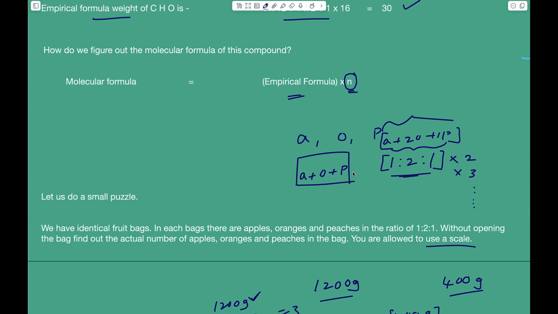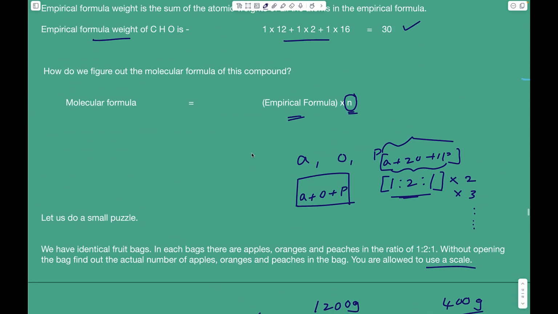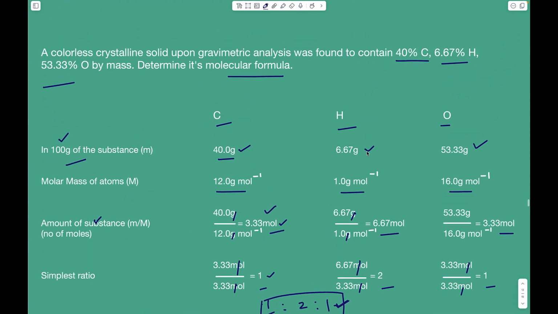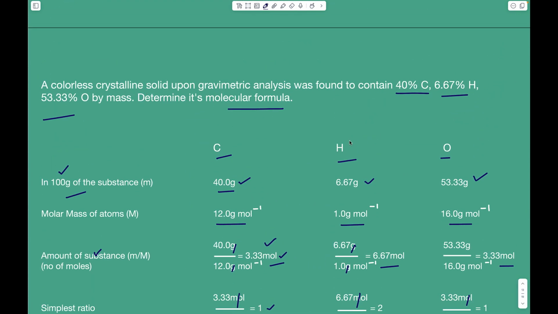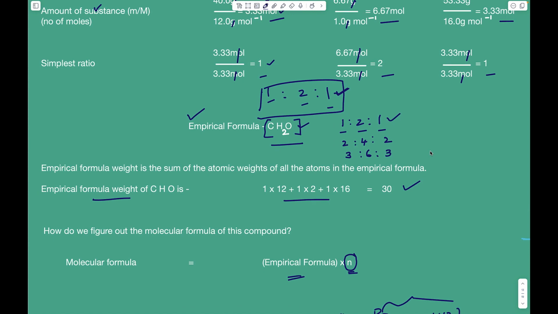Unless you know the molecular weight of the compound, you cannot figure out the value of this N, so you cannot figure out the molecular formula. So the interesting point here is this percentage composition is not sufficient to figure out the molecular formula in all cases. You can use that information to find out the empirical formula.